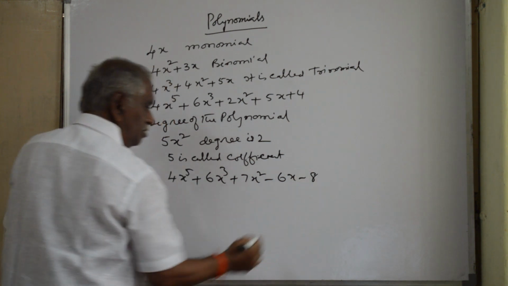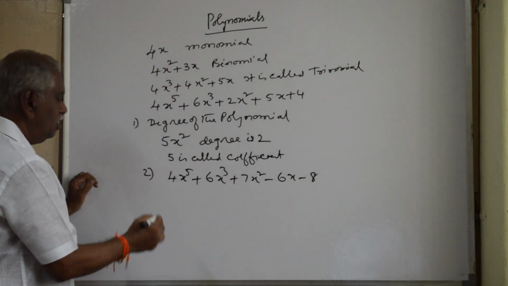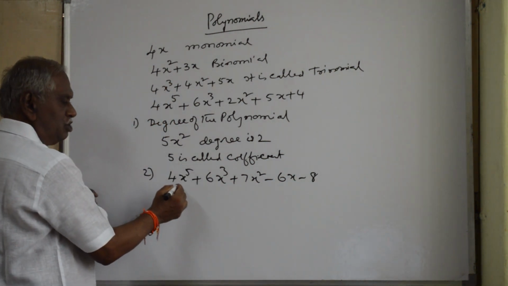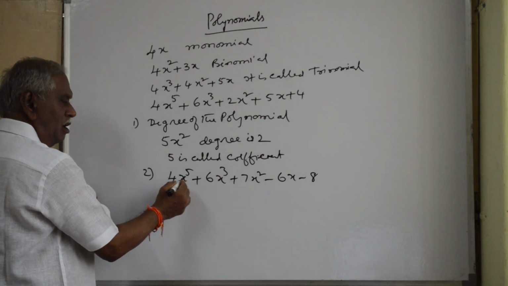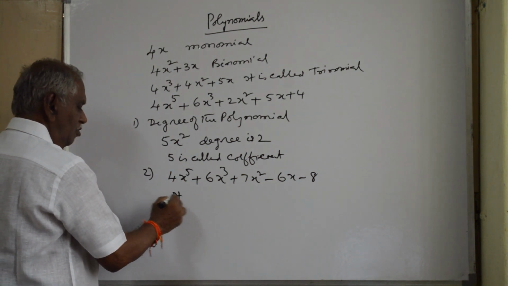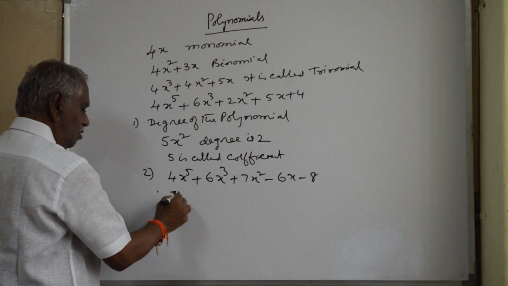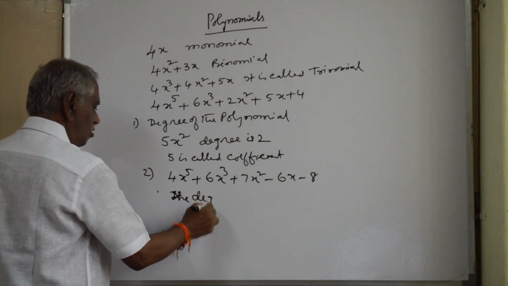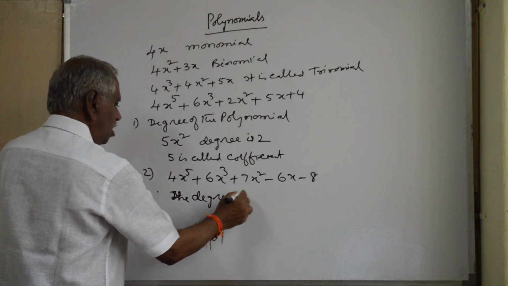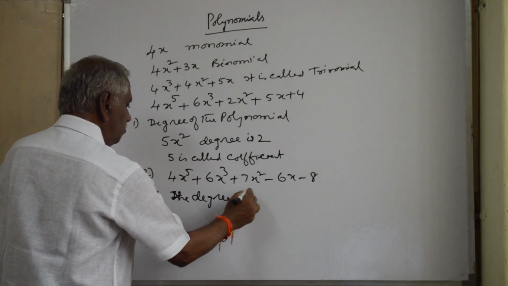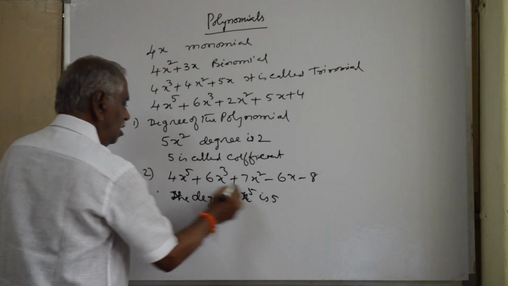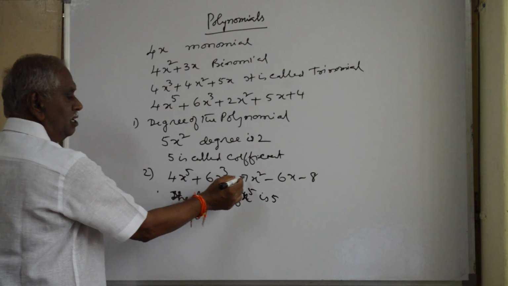minus 8. Here this is a polynomial, and first of all you see the 4x power 5, its degree is 5, since the power of x is 5. Here the degree is 3. Here the degree is 2.